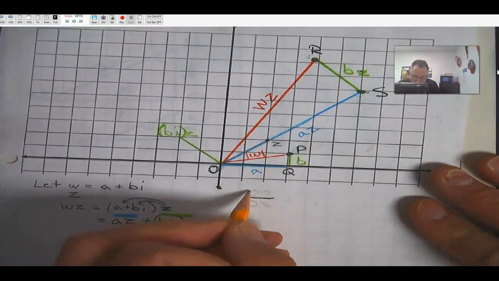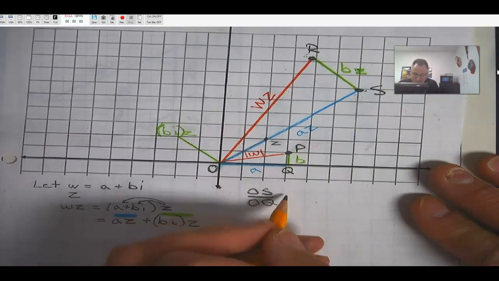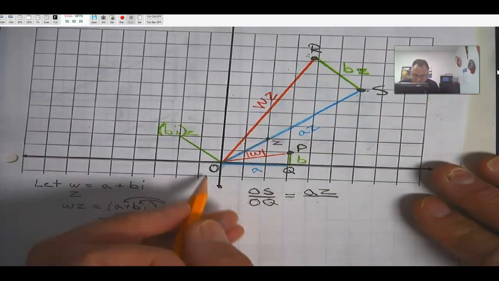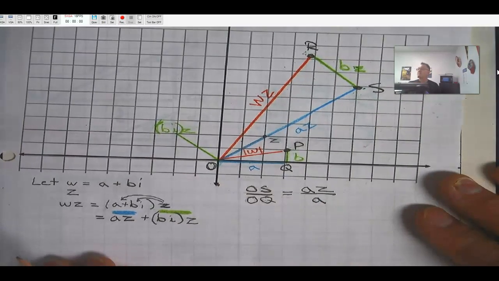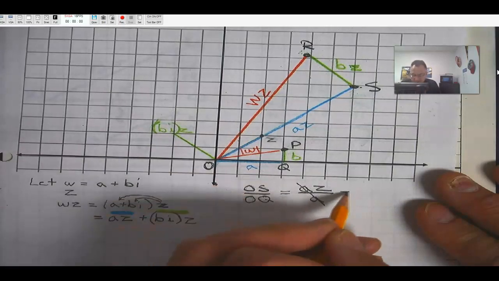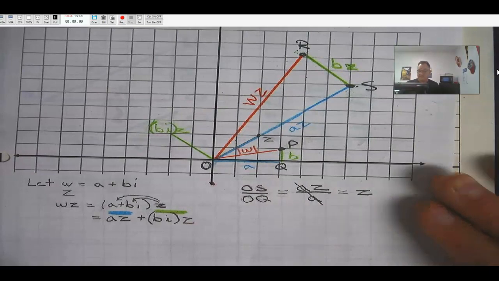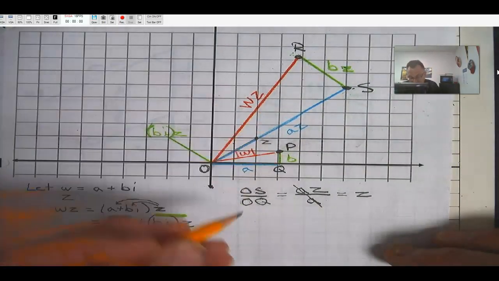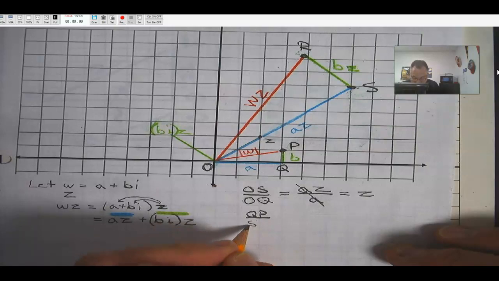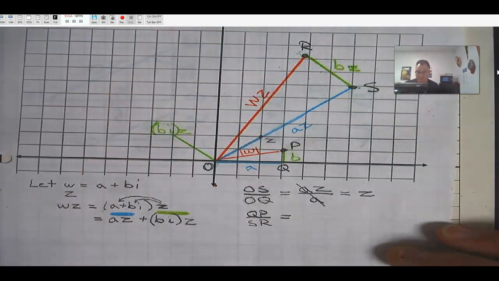So I'm going to go OS over OQ. Now OS is this length and OQ is this length. So if you simplified that, that ratio simplifies to Z. Now compare the ratio of Q to P and S to R. That's the two green sides. That's why we color coded them.